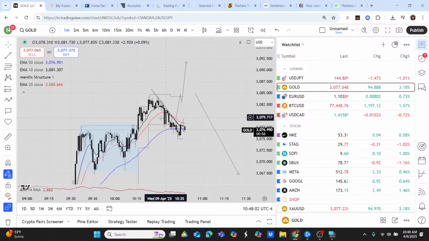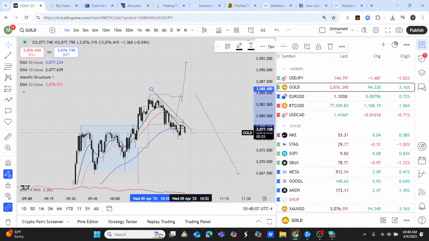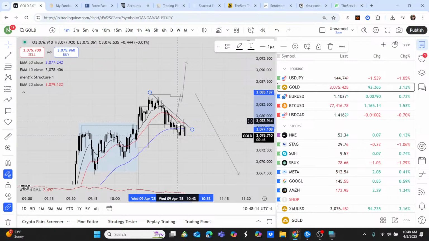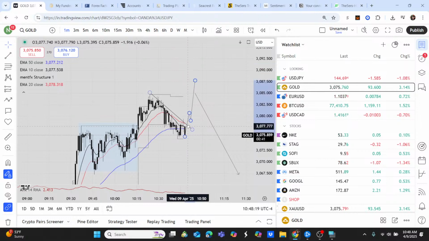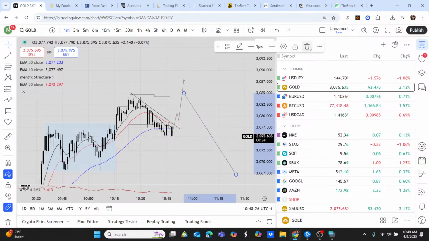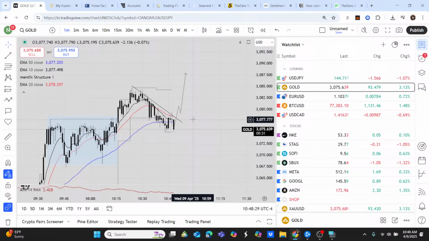I'm just drawing a general area where I want price to come up above that area if I wanted to take a 1 minute entry for the challenges. Then I'm also keeping in mind that it's 12 minutes till the 30-minute closes.